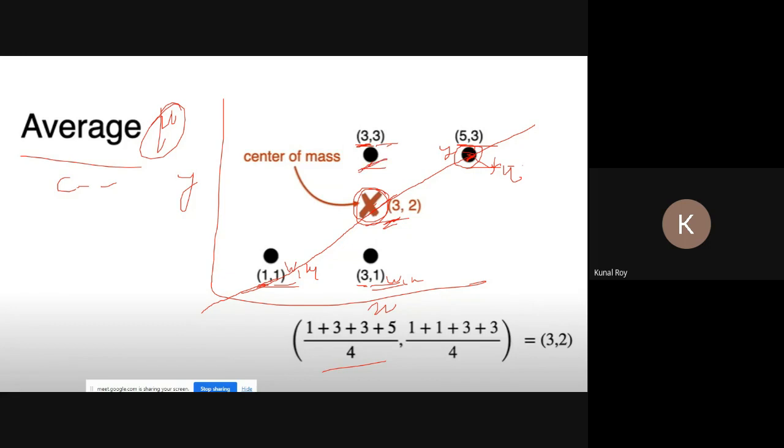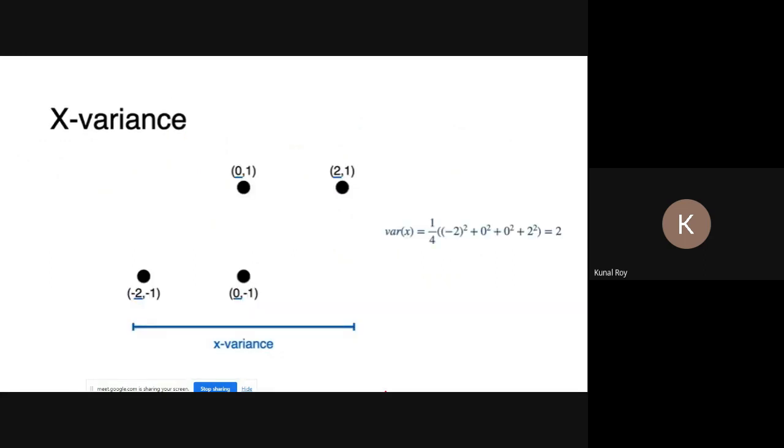This data point need not have the variance or covariance calculated. I know that it goes into the second class, and this goes into the first class. These points go into the first class, but for points which are distributed into two classes, we have to calculate the variance and all. So this is the basic average calculation for calculating the center of mass.